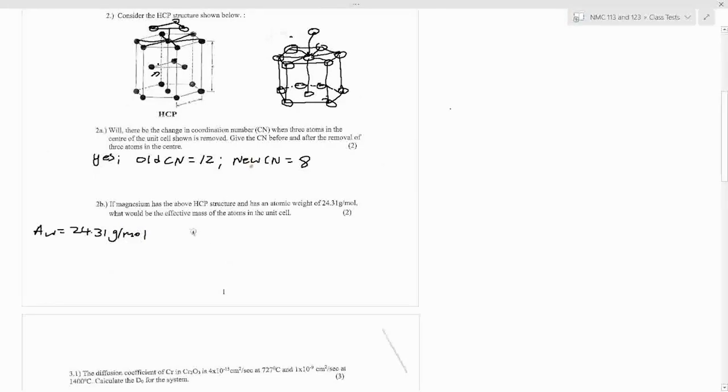We know the theoretical density of any material is according to this equation. And we also know that density multiplied by volume is equal to mass, which in turn is equal to this.